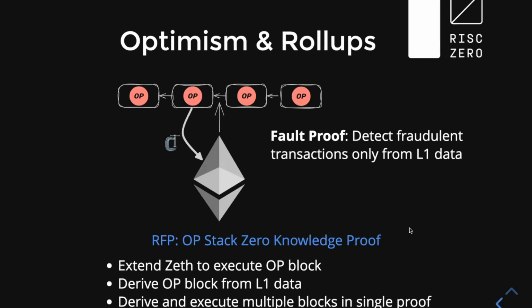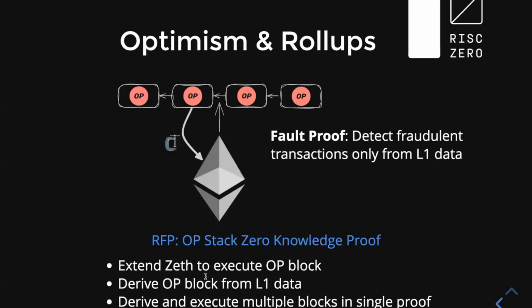So we're going to provide, and you can look up the exact specifications there, a proof of concept of how the entire OP stack could be zk'ified. And Zeth is obviously going to be a major building block in there. So what needs to be done to have this working for the entire OP stack?